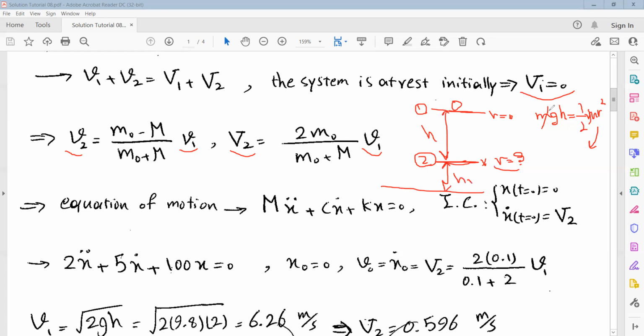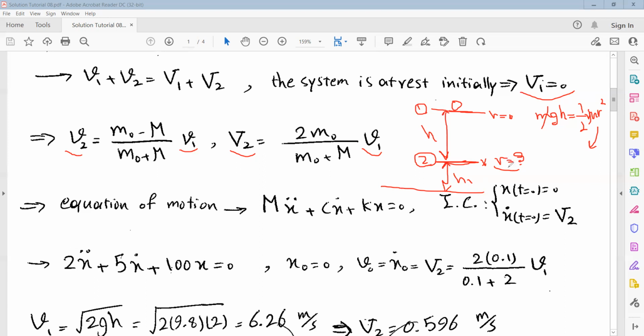Then on the left hand side you will have mg(h plus h1), and on the right hand side you will have mgh1. Again, you will see that mgh1 on the left and right hand sides of the equation cancel out each other, and the final response will be the same. Again, you will extract that v is equal to the square root of 2gh.